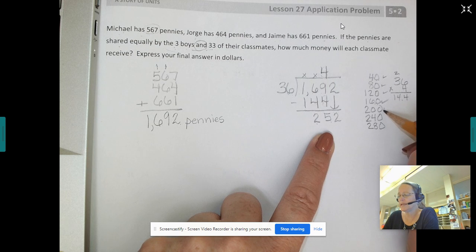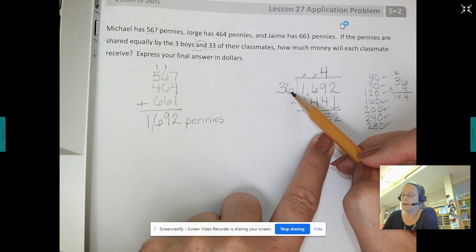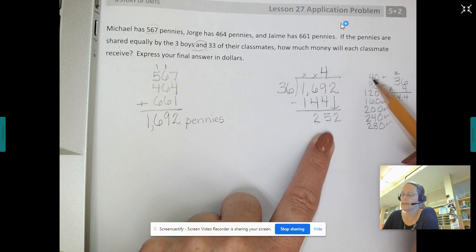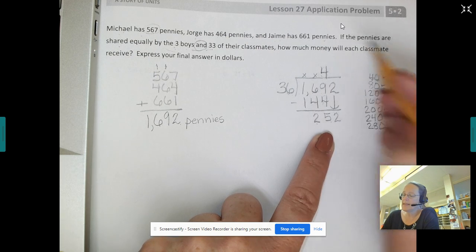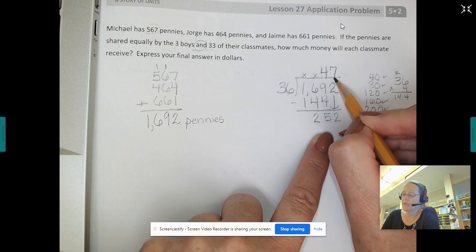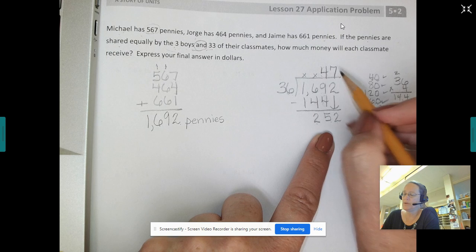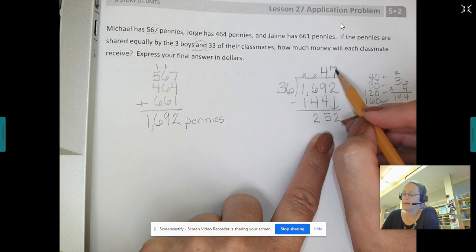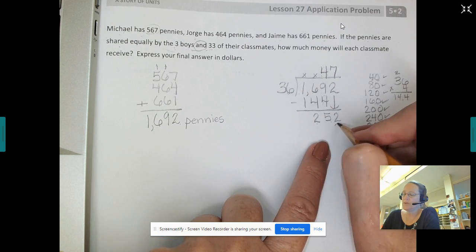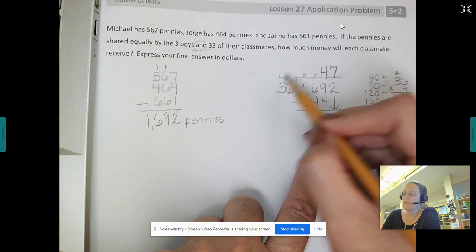However, remember, we did underestimate because, guys, 36 is less than what we rounded to. So let's see if 36 goes into 252 7 times. 7 times 6 is 42. Carry the 4.